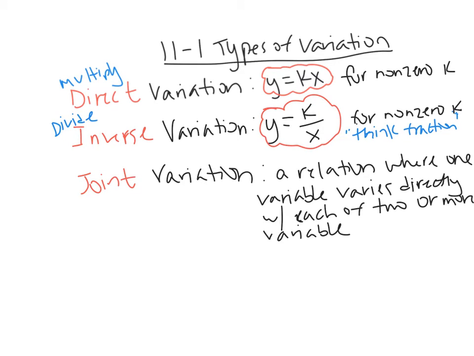So what is its basic equation going to look like? That means we could have some constant k, but we're also multiplying x times y times k in order to get our z value. So the basic form of joint variation is z equals k times xy. Reminder, varies directly, keyword means multiply.